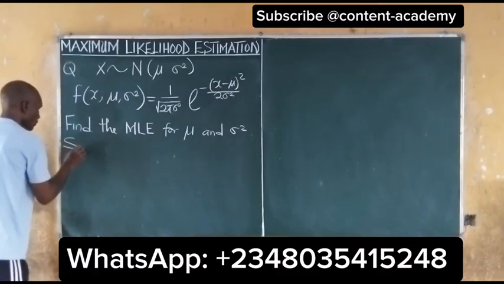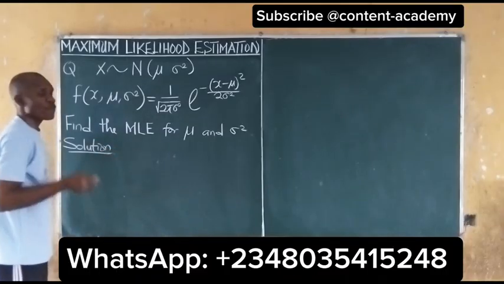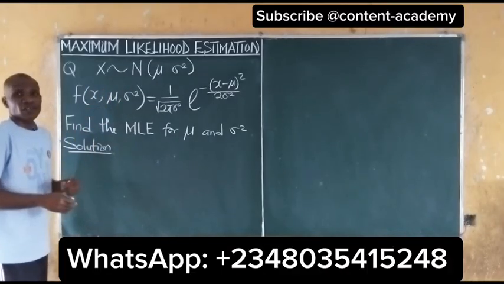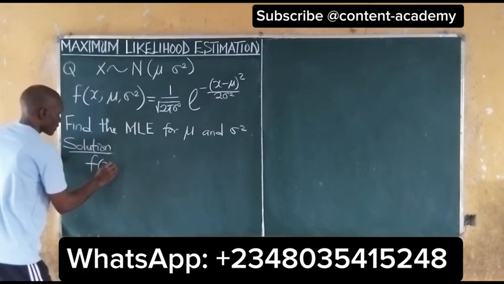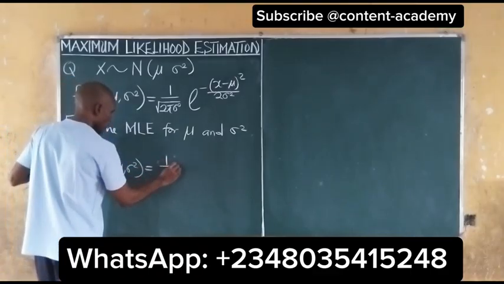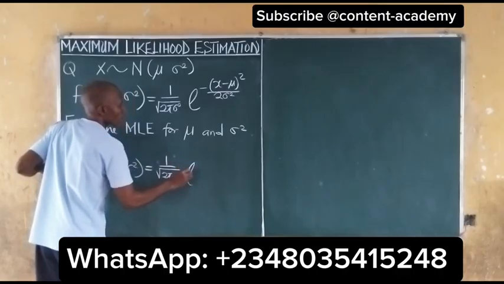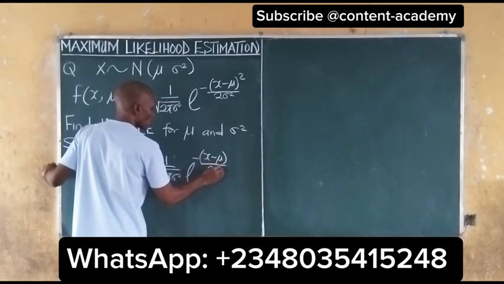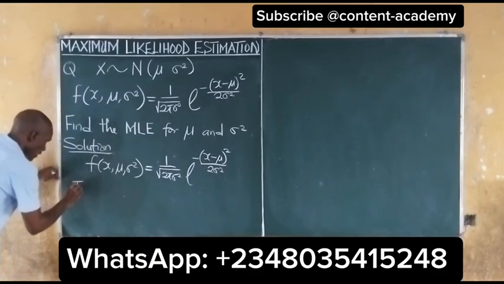Now, the solution. The first thing to do is to take the likelihood function of this distribution. Our distribution is 1 over square root of 2 pi sigma squared exponential negative (x minus mean) squared all over 2 sigma squared.